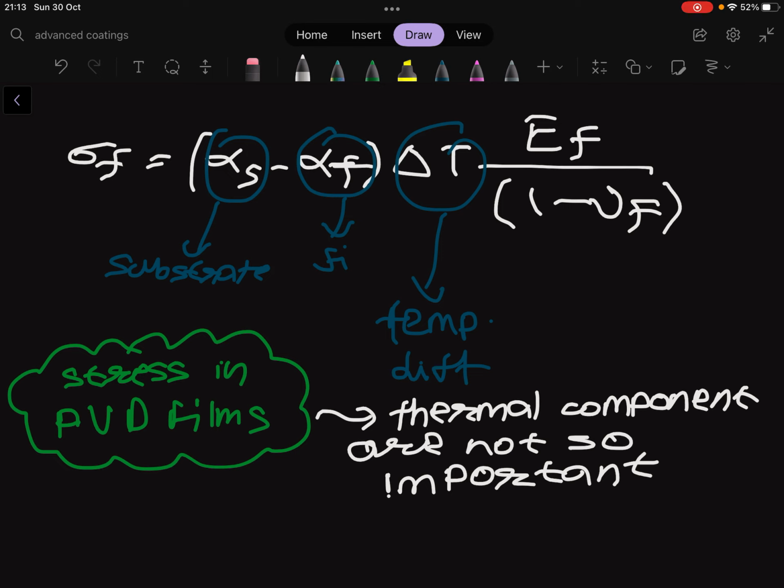But we can have a significant component due to the intrinsic part, because we can have significant ionic bombardment, which is typically related to the operating pressure.